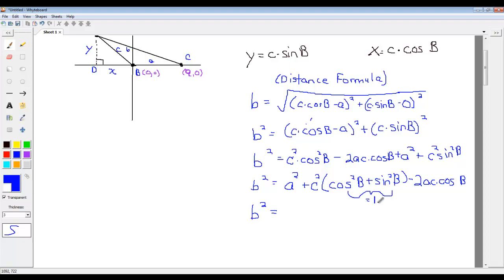That was one of those identities we learned a while back. Sine squared plus cosine squared equals 1. You could reverse it, cosine squared plus sine squared. So we've really got a squared plus c squared minus 2 times a times c times cosine B.